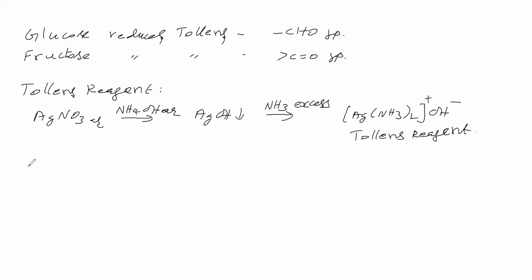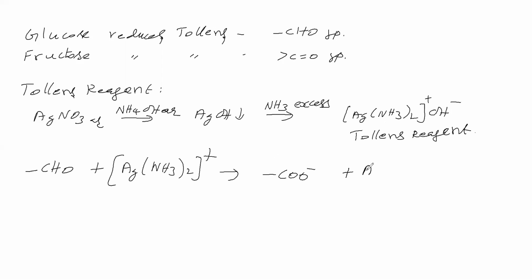Now we will take the aldehyde group with this Tollens reagent. What happens is this aldehyde group is converting into carboxylate, and Ag plus is converting into Ag. Ketone with the Tollens reagent, no reaction.